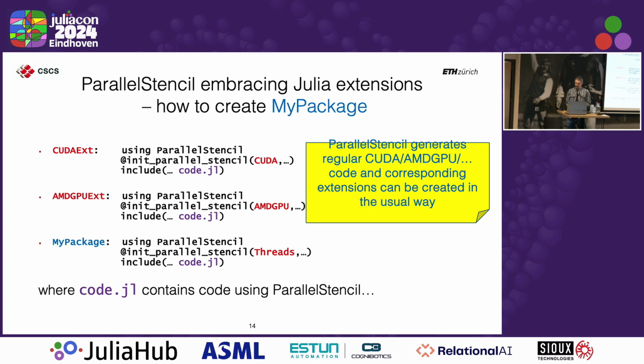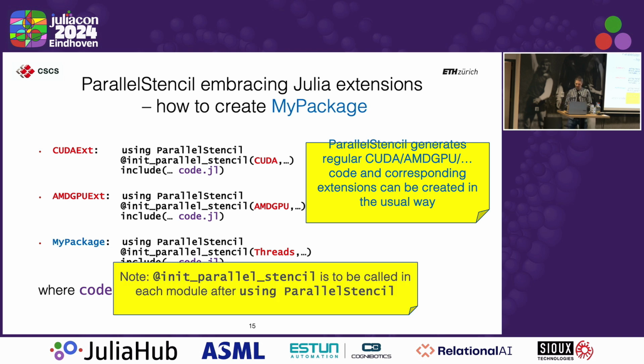ParallelStencil generates, in the end, just regular CUDA code or any GPU code. And so, of course, to create an extension is just the usual way, right? Just remember that init ParallelStencil is to be called each time in each module after using ParallelStencil. So it basically gives you the flavor of the module.